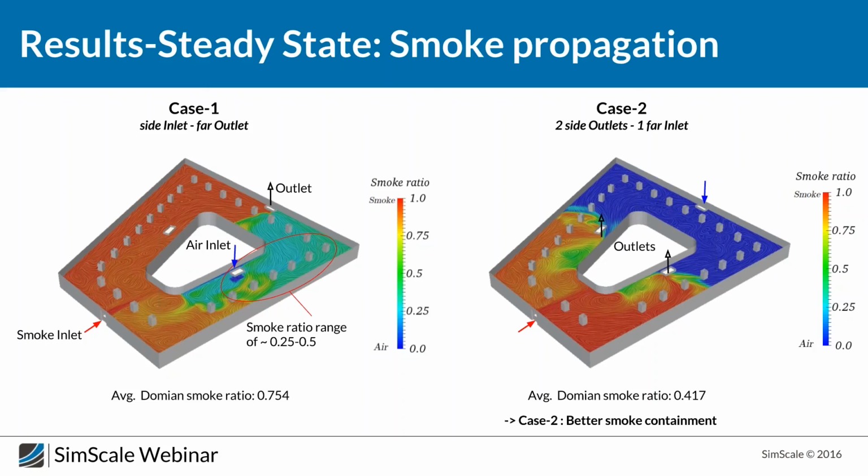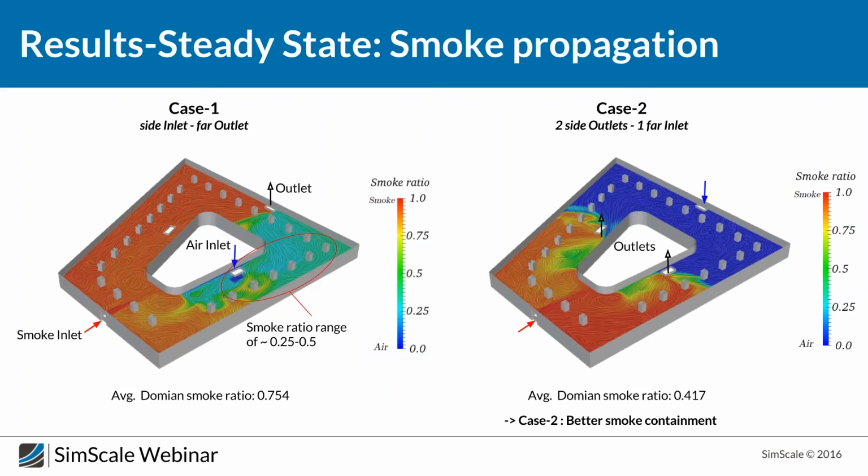So this would be the place to have people and to remove people from the garage from. So this would be one, and second is the overall average concentration of the smoke, which is 0.4 compared to 0.7. So this is one of the cases how you can see such a design decision could be made very easily with simulation.